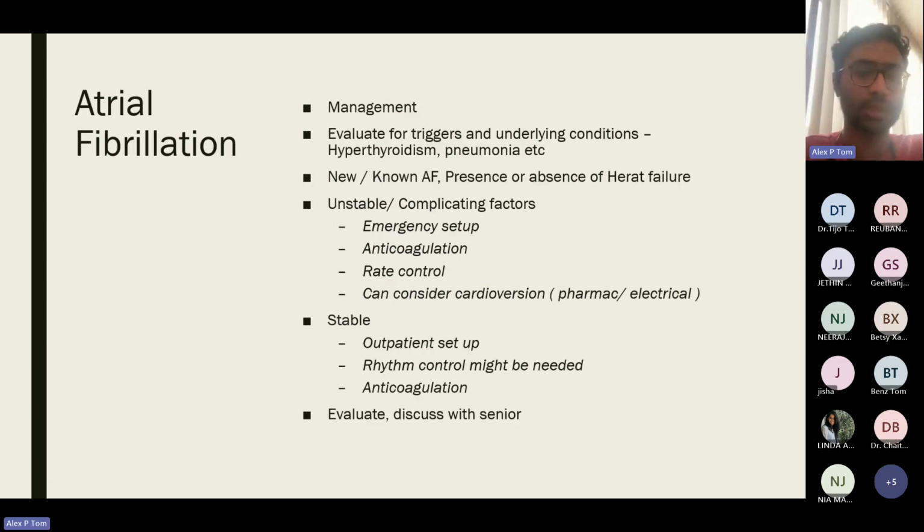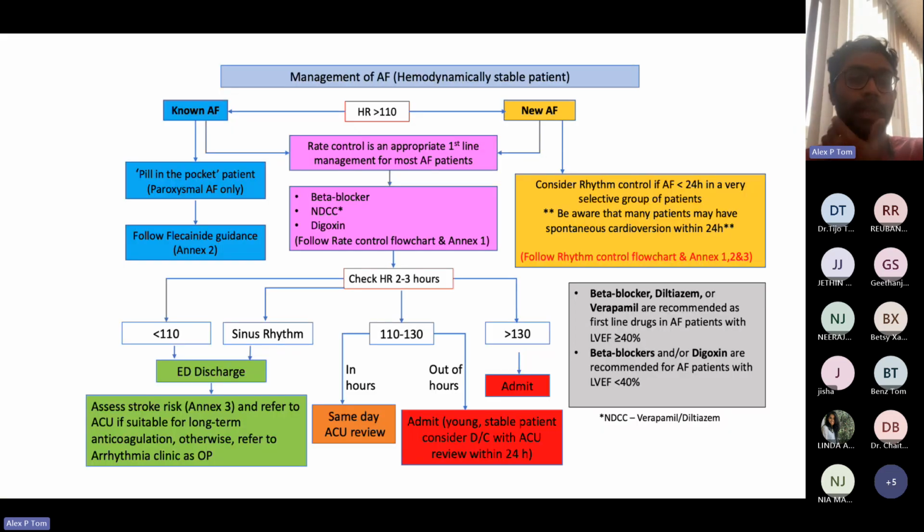How do you manage atrial fibrillation? In the management of atrial fibrillation, there are two main concepts behind it. You can either rate control it or rhythm control it. To discuss this better, I have a flow chart. If it's a very new patient, someone presenting to you very fresh, almost less than 24 hours, new AF, you can have two approaches, either to rate control it or to rhythm control it then and there.